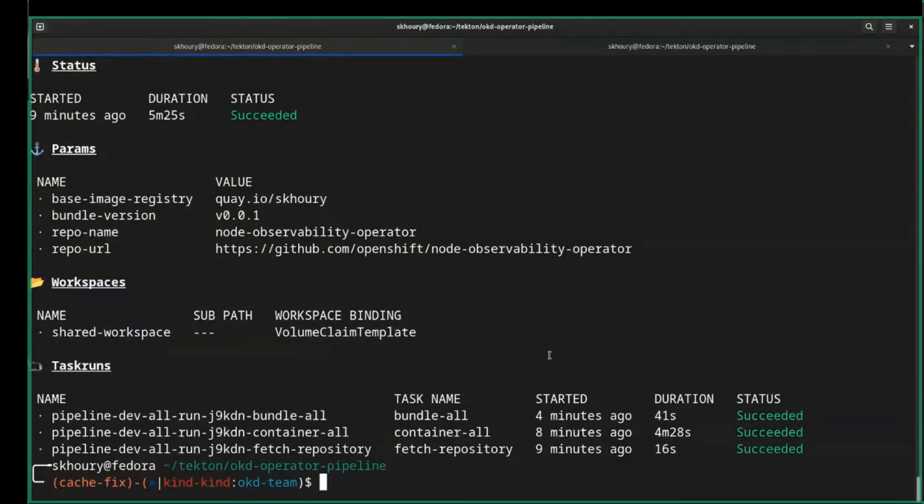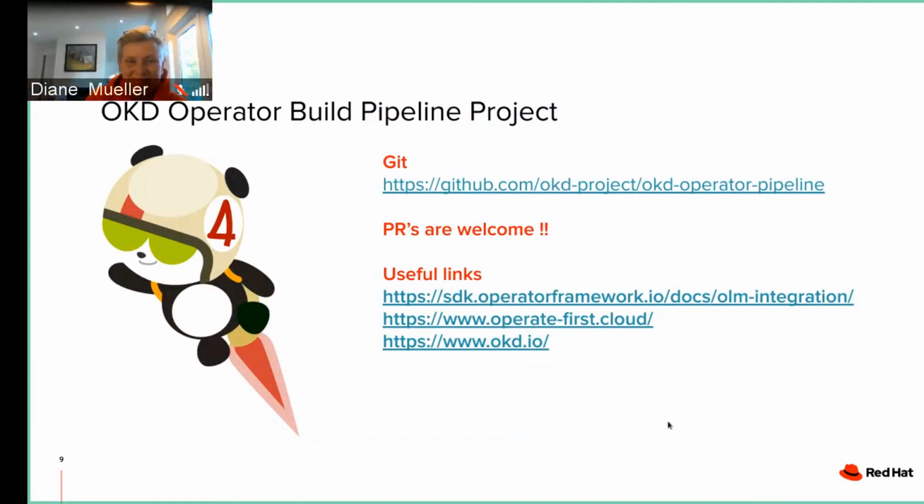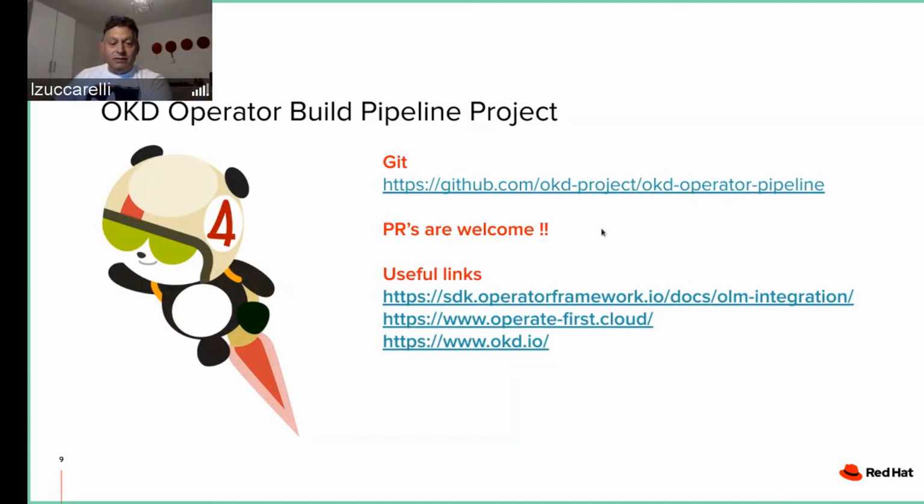Cool. I'll share the last bit just to show the guys the links, and can you see that? Yes, looks great. So the GitHub is OKD project, and specifically OKD operator pipeline. So please download it, fork it, play with it.